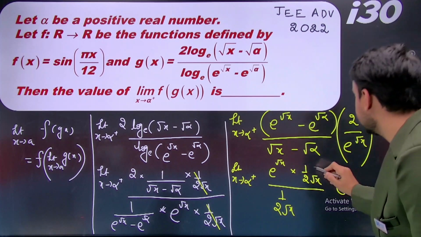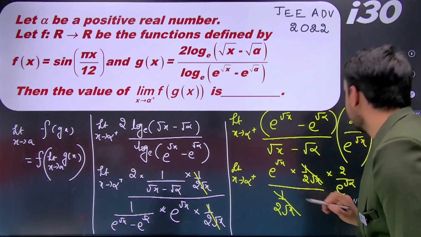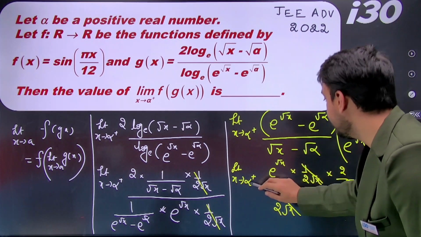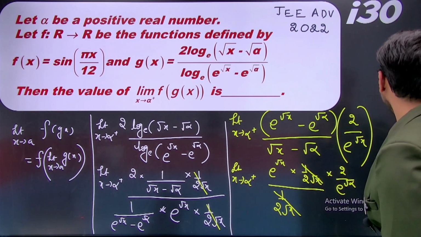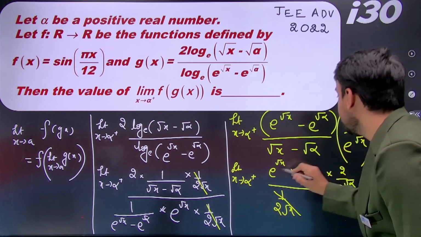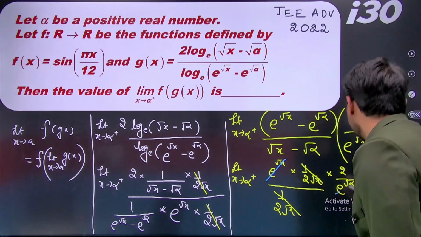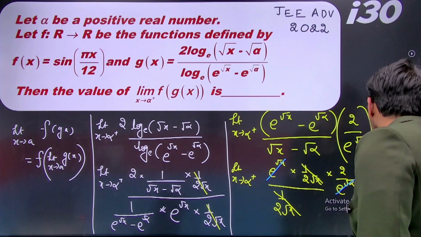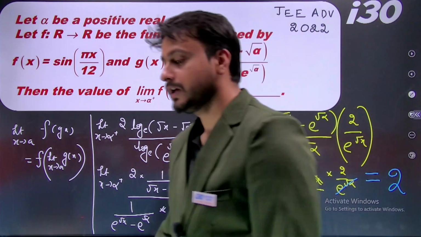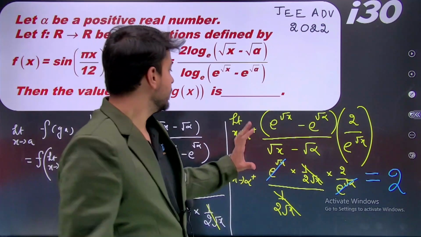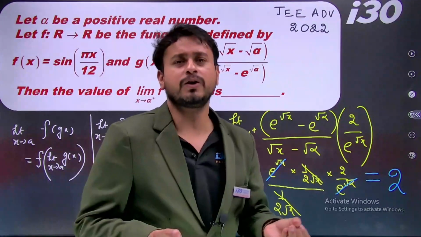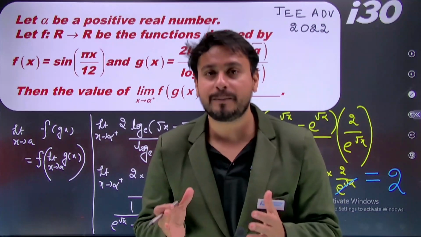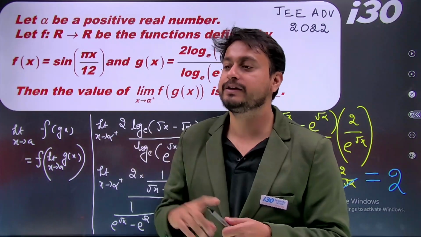So first of all, let's cut this part. And we all know that these two will also get cancelled because ultimately alpha will be substituted. Finally, the answer that we will arrive at would be 2. So the whole limit was calculated in 1 or 2 steps, my dear friends. If you have certain knowledge of L'Hopital rule, you can certainly arrive at the answer quite quickly.